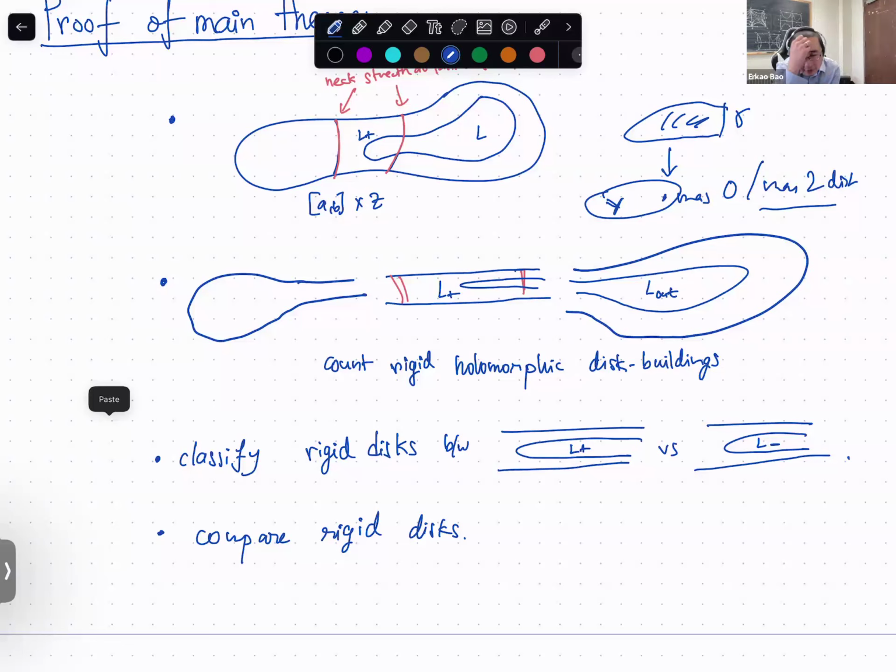So what's the setting? If it's monotone or something like that, it's always an invariant? Yes, I should say everything I'm talking about is monotone. So the disk potential is not well defined for non-monotone, right? Can you repeat that? For non-monotone Lagrangian tori, is there a well-defined version of a disk potential?